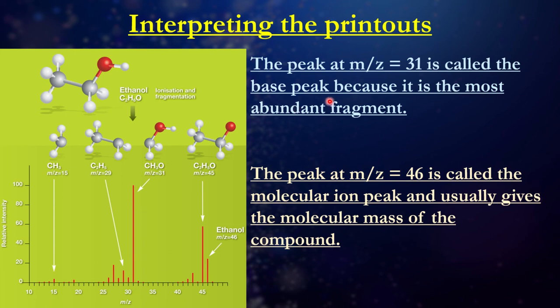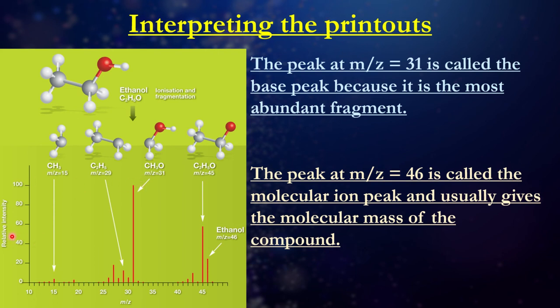We call this the base peak because this is where we have the most abundant fragment of the molecule ethanol. That's the most abundant fragment after ethanol has been ionized and fragmented, or what we call fragmentation. You can see based on the relative intensity, this is 100%.